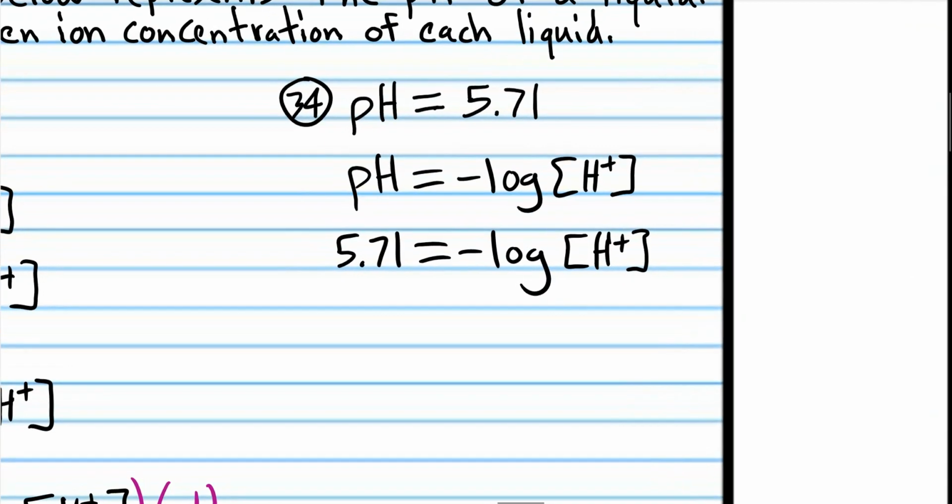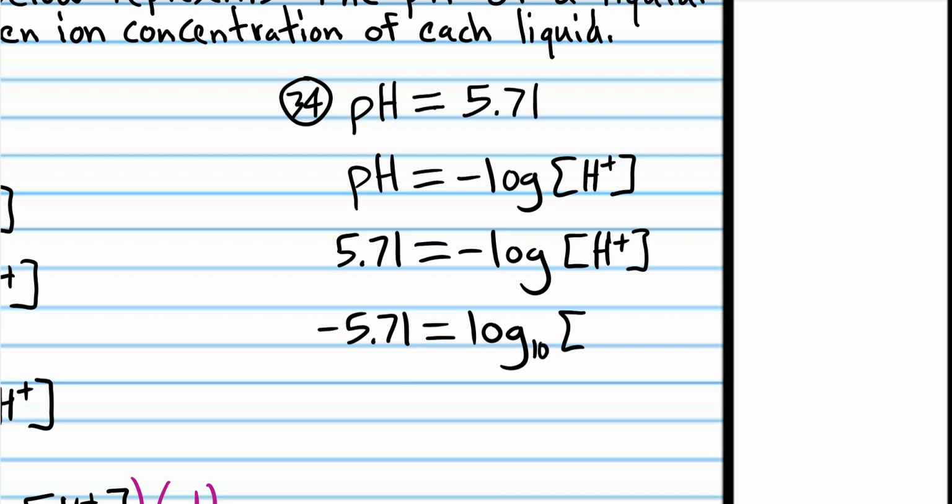And so the first thing we need to do is isolate the logarithm. It's not isolated because there's a negative in front. So we're going to multiply both sides by -1, and we get -5.71 is equal to log, and we need to know that this is a log base 10 expression.